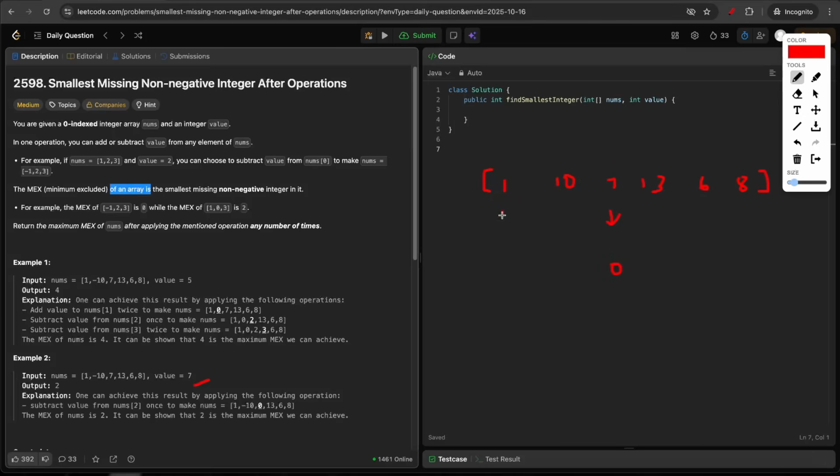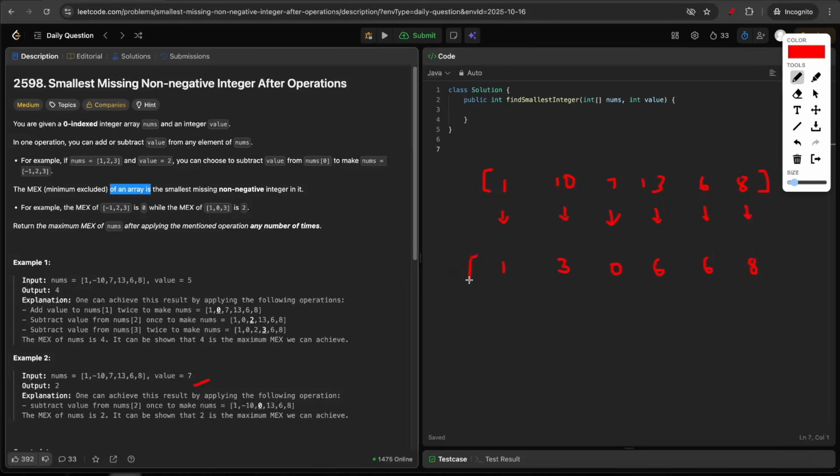And this one can remain the same. This -10, we can add 7 and this will be -3. Actually, this 10 we can subtract 7 and this will be 3. So this 13, if we subtract 7, it will be 6. And this 6, we can just keep it the same. And from this 8, even if we try to subtract 7, it will still reach 1. So we don't need to do it.